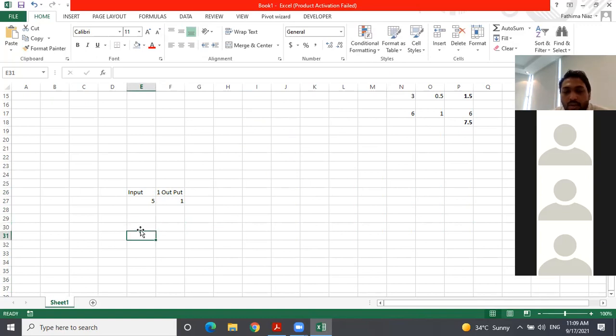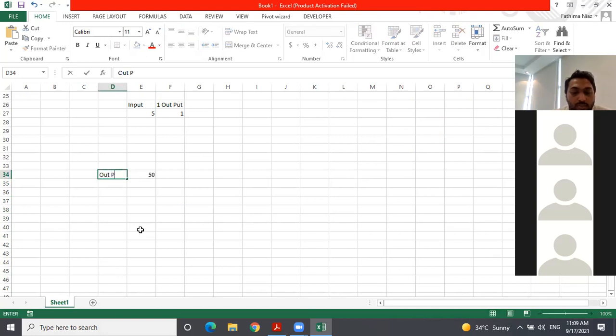So, for example, you are producing 50 quantities, for example, to sell. Then, how much raw materials you should have? Your output is 50 units.